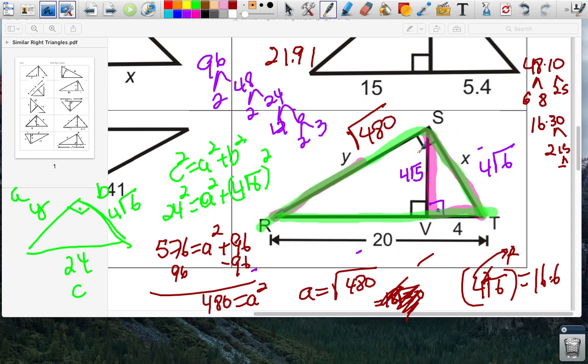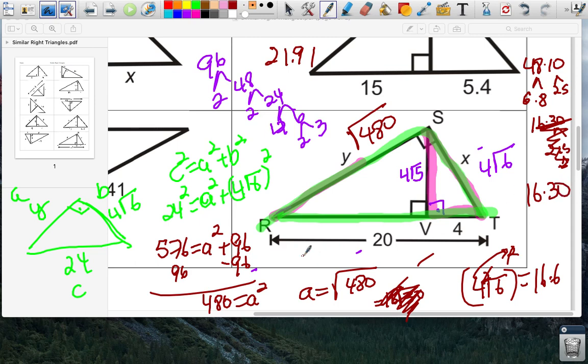Hang on. 480 is the same thing as 6 times 8, which is 48 times 10, right? And then 8 times 2 is 16 times 30.